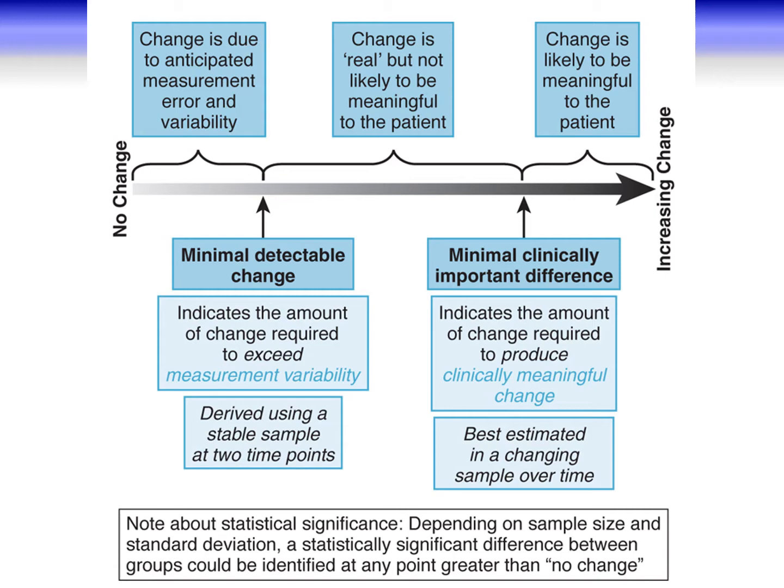And again, we estimate this in a patient population who's expected to change over time and try to determine whether or not their outcome is now positive. And so again, there's a continuum of change that we'll see in our physical therapy patients. The minimal detectable change is that amount of change we need to exceed measurement variability, while the minimal clinically important difference is what we need to really begin to determine whether or not the changes are clinically meaningful to a patient.